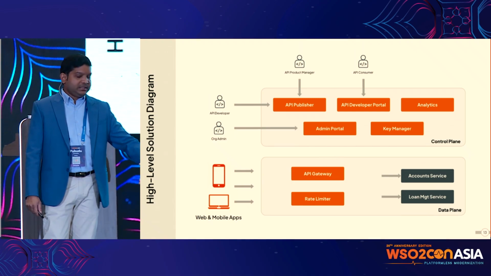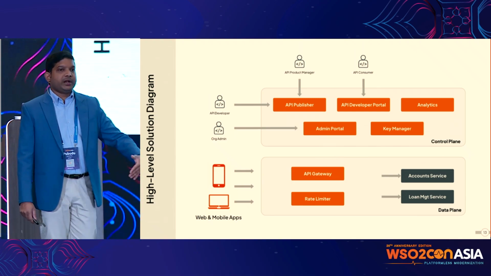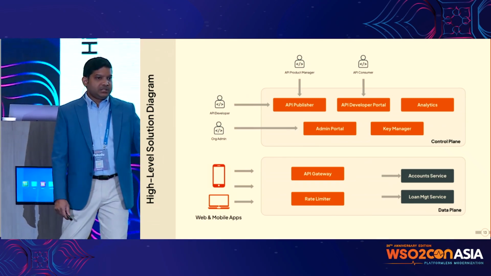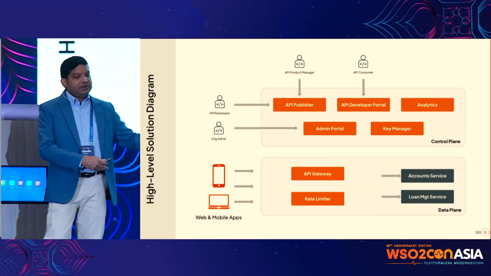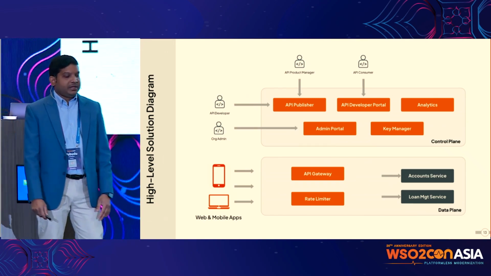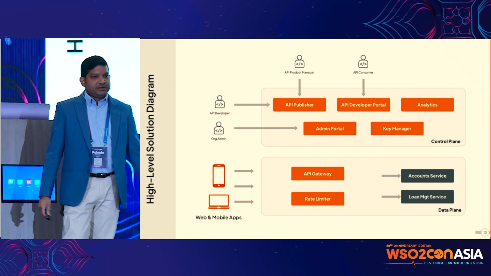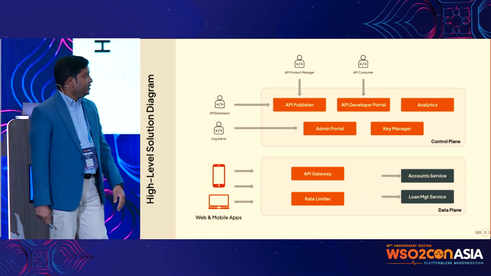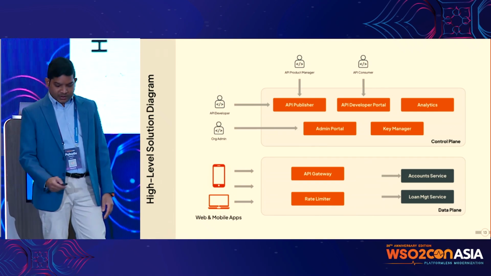And at the data plane, that's where you run all your services, and also the API gateways. API gateways sit very close to the microservices for your traffic routing capabilities. So then you have the web and mobile applications.